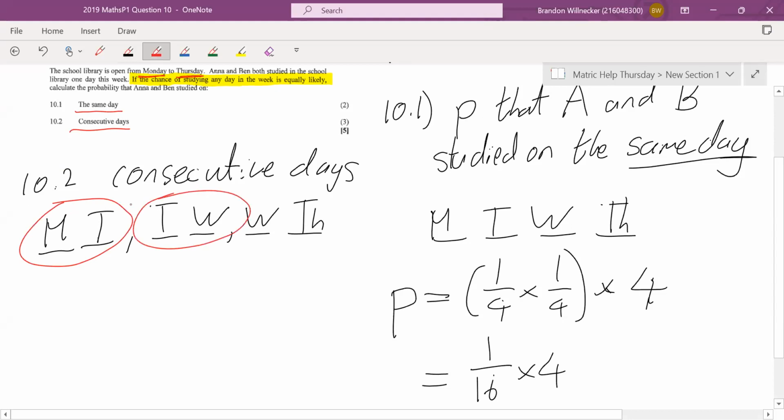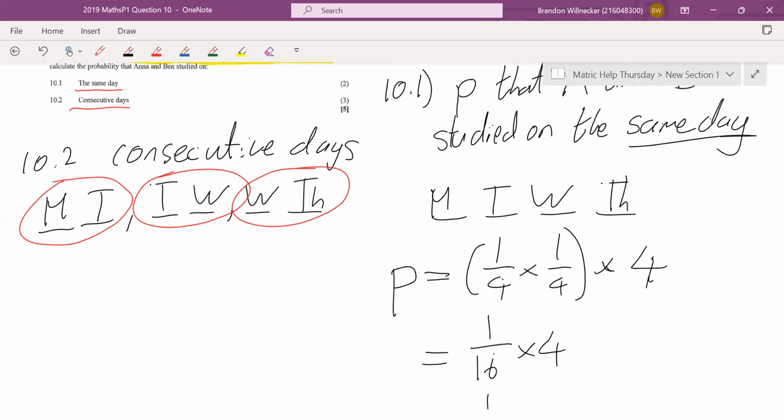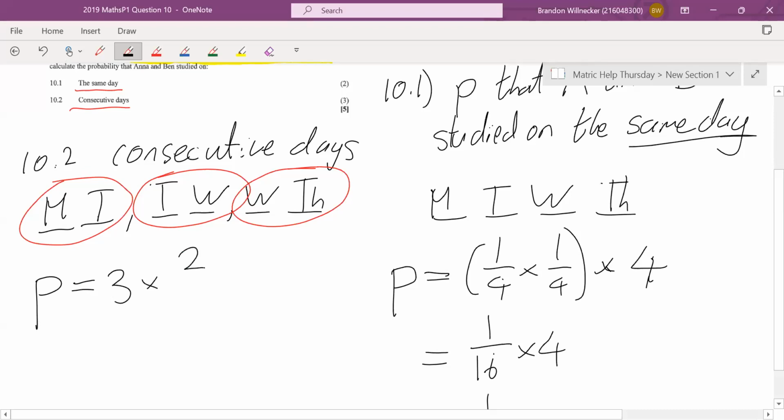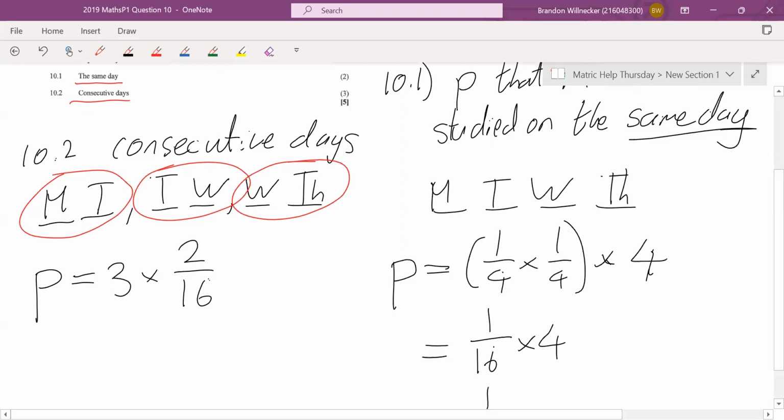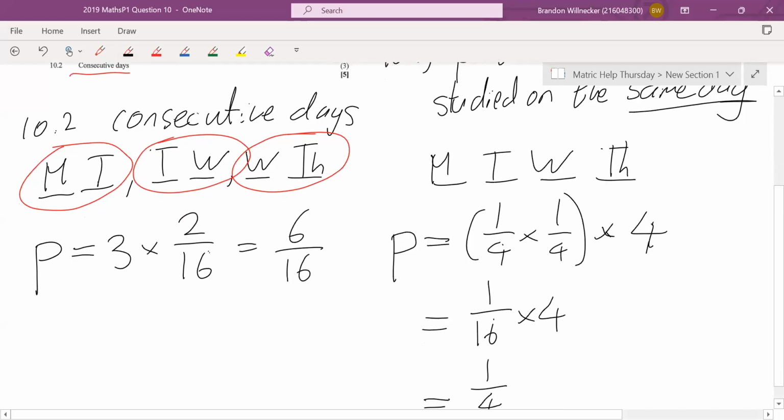The second option, Tuesday, Wednesday. The third option, Wednesday, Thursday. So what is the probability of being in consecutive days? The probability P is going to be, well, we have 3 options available there, and then that's going to be times 2/16. That will be 6/16.